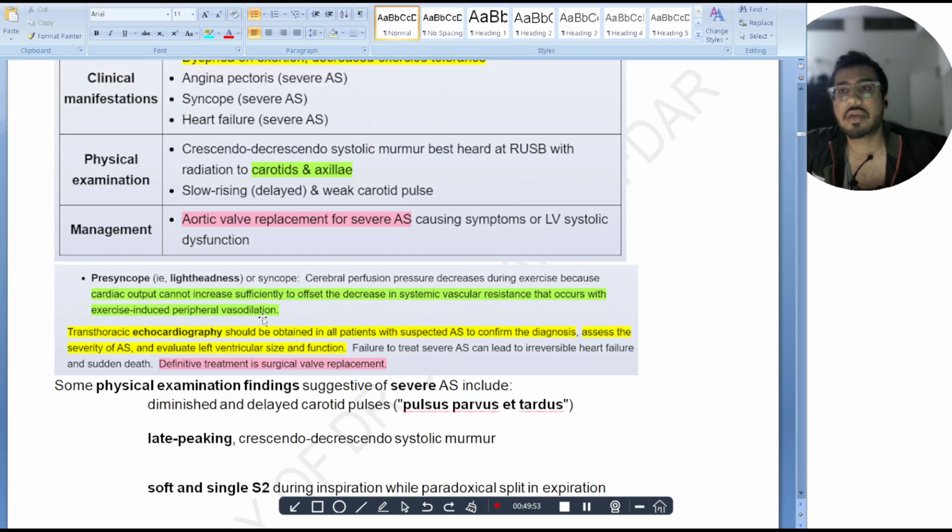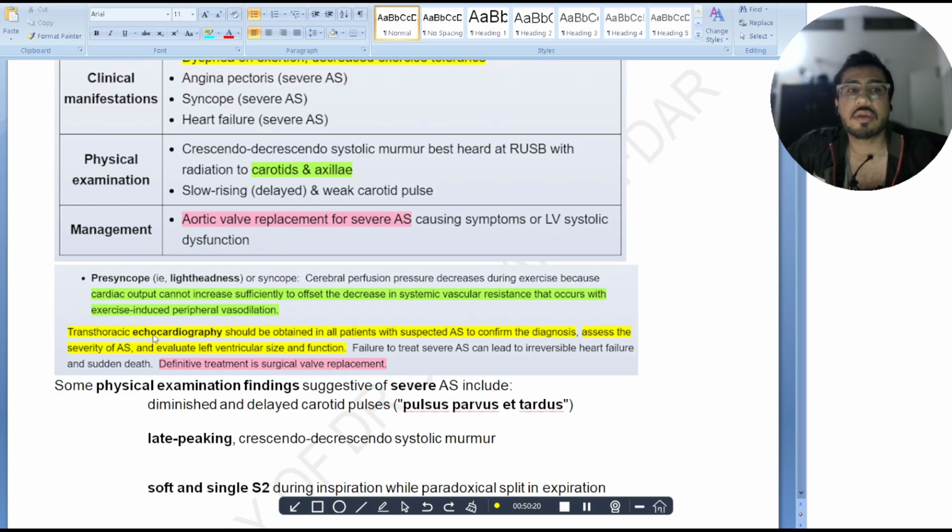Why does syncope occur during exercise? The blood vessels in the muscles are gonna dilate when you're exercising, and that sudden decrease in systemic vascular resistance is gonna shunt the blood towards the muscles more, and then you get cerebral hypoperfusion, you're gonna get lightheadedness. That is the mechanism behind pre-syncope.